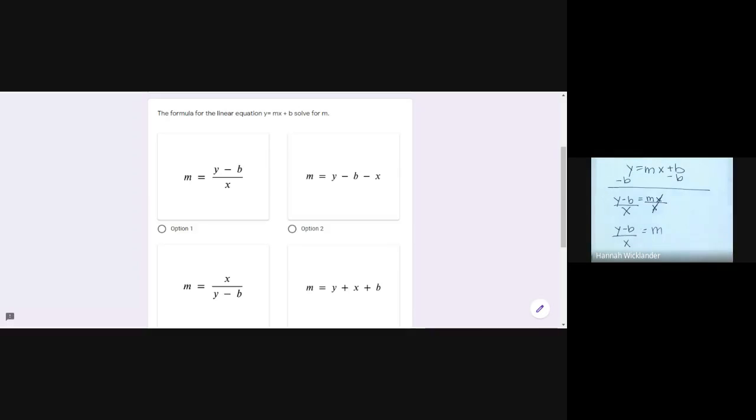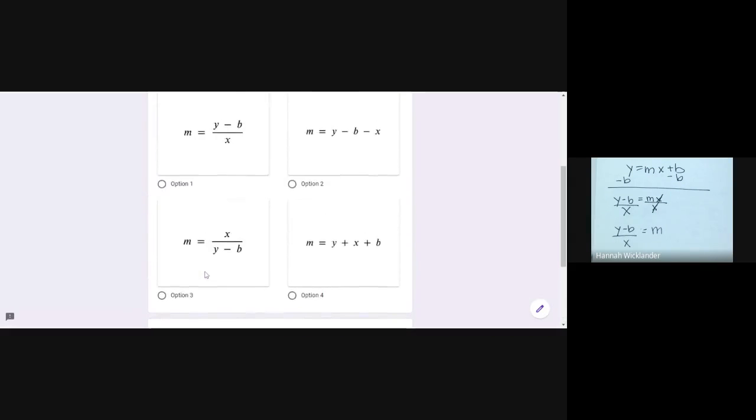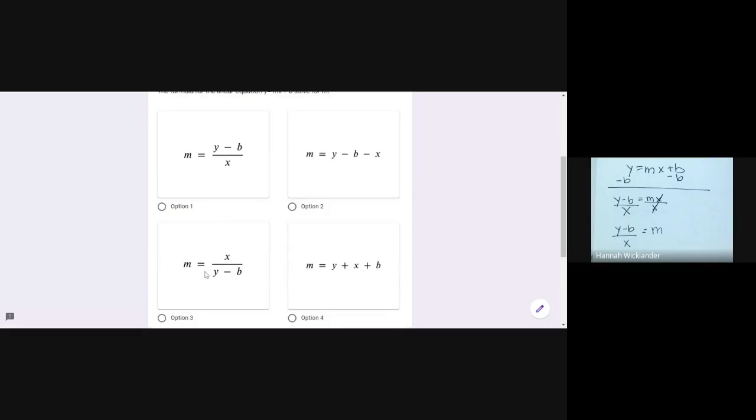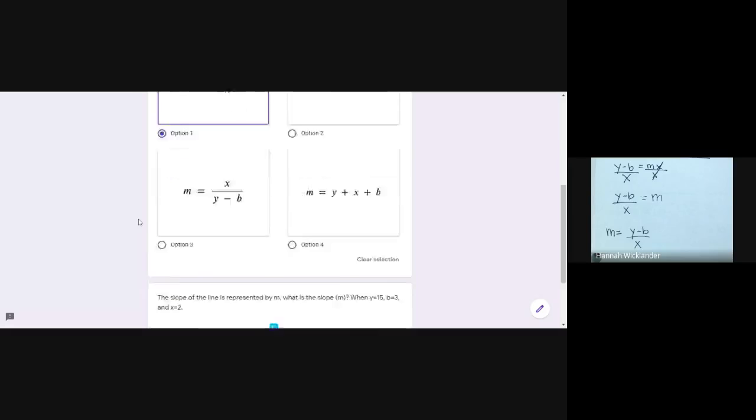Looking at the Google form, I have 4 options, and the option that most looks like mine is option 1. If it helps you to rewrite it so that you have the m on the left side, you can. So I'm just going to move the m over here, and then this will stay the same. Then it looks exactly like option 1. So option 1 is the correct answer on number 1.